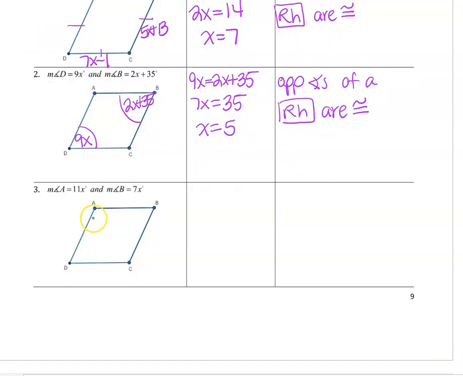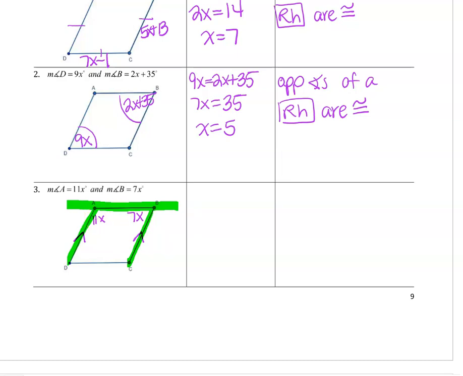All right, angle A is 11x and angle B is 7x. Now again, since this is a rhombus, which means it's also a parallelogram, that means opposite sides are parallel, which means if you think of AB as a transversal, that means the angles A and B are consecutive interior angles, which means they are supplementary.